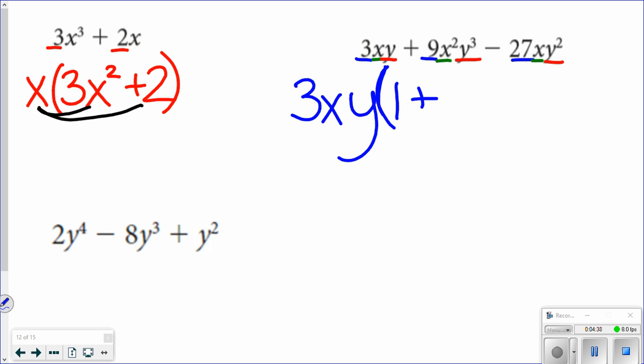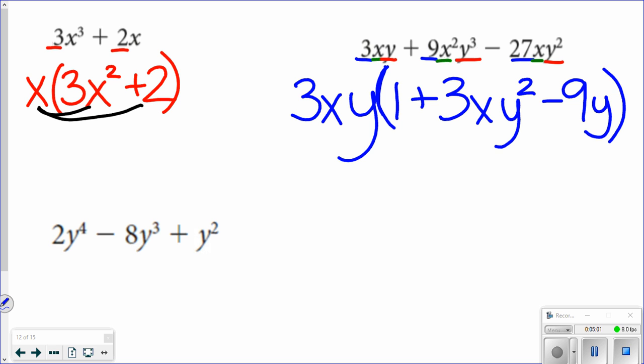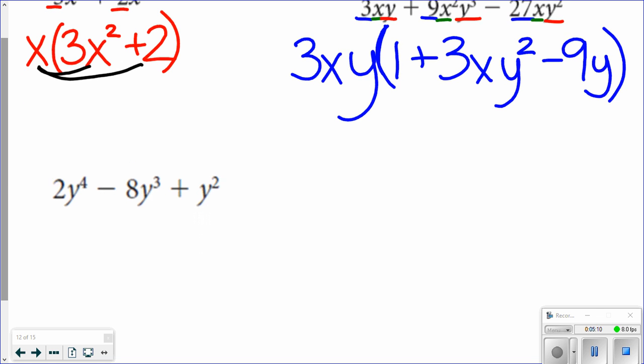Plus 9 divided by 3 is 3. x, 2 minus 1 is 1. y, 3 minus 1 is 2, so y squared. 27 divided by 3 is 9. x divided by x is gone. y squared divided by y is just y. Perfect. And again, distribute back through to check your answer.